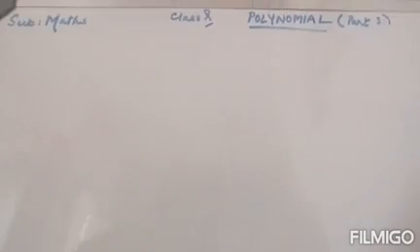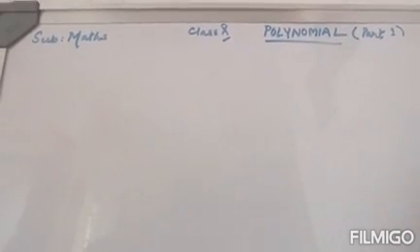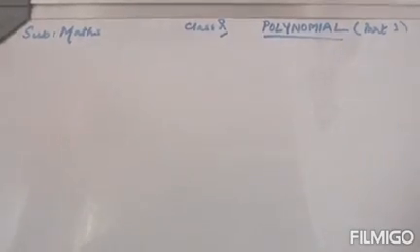You know how to find the zeros of polynomial, so we are not going into that, because you have already learned that.